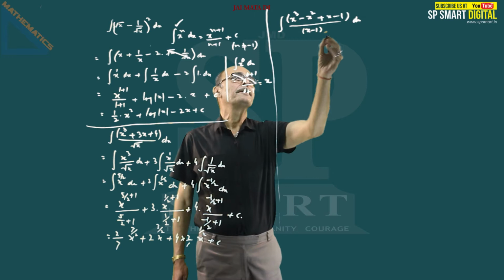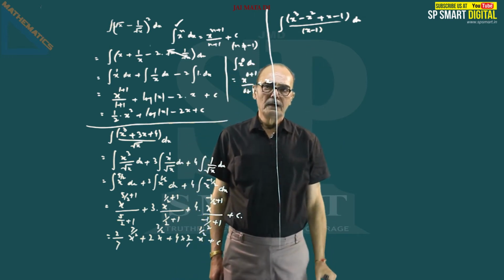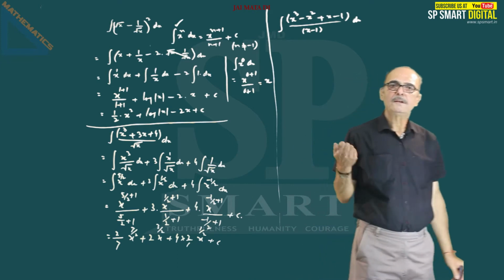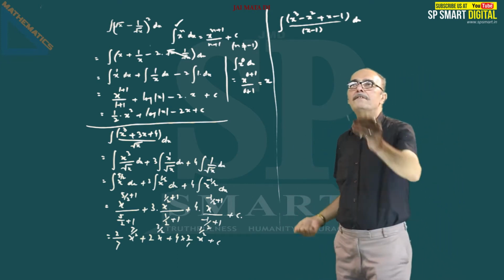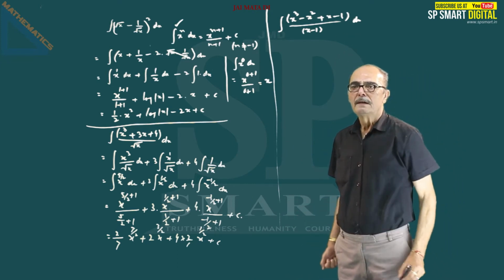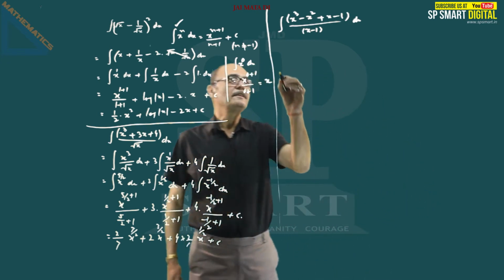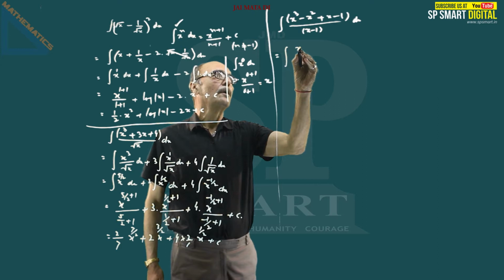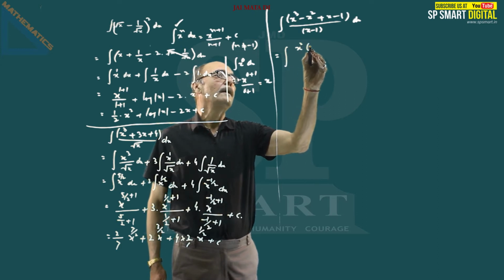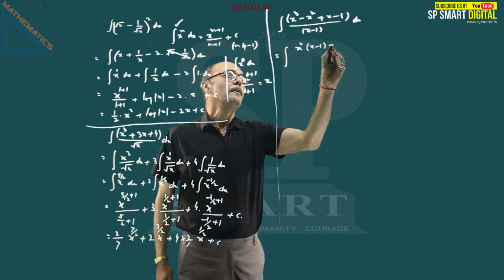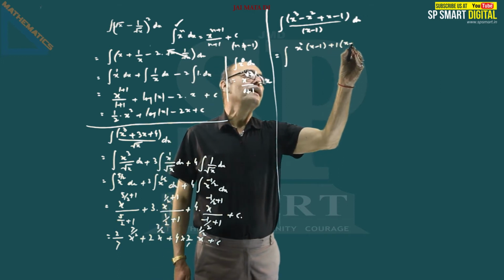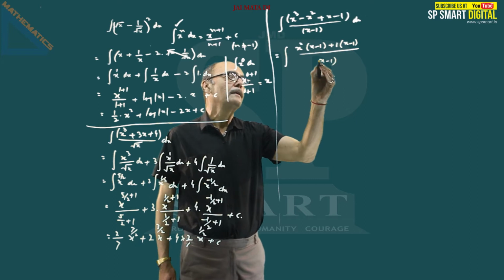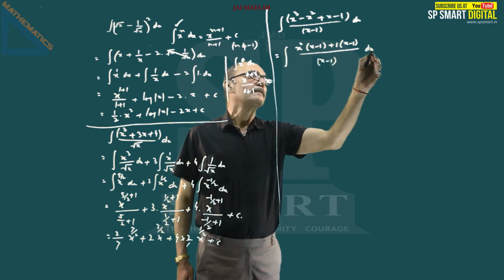We divide the numerator by x minus 1, or sometimes the problem becomes easy if we factorize the numerator. While factorizing, the factors will be x square common from the first two terms, (x minus 1), plus 1 common, into (x minus 1), divided by x minus 1 and d of x.